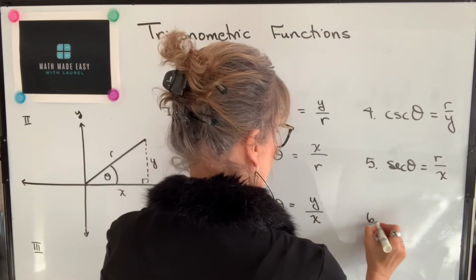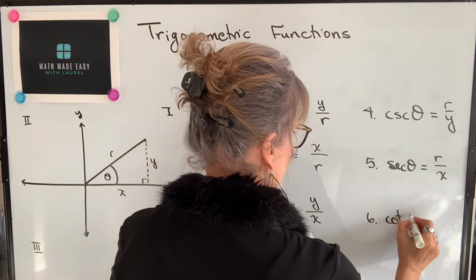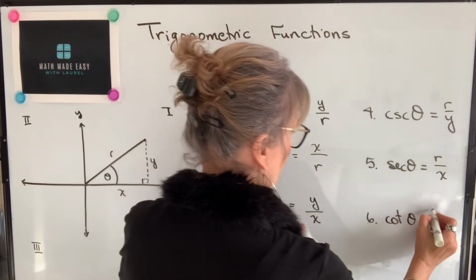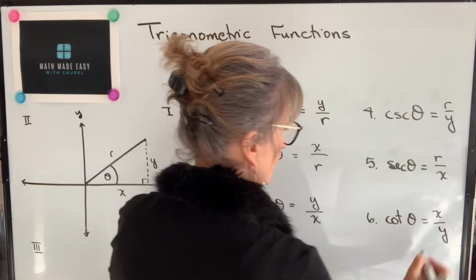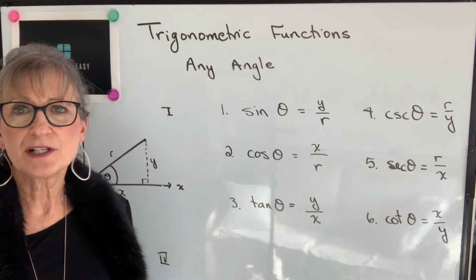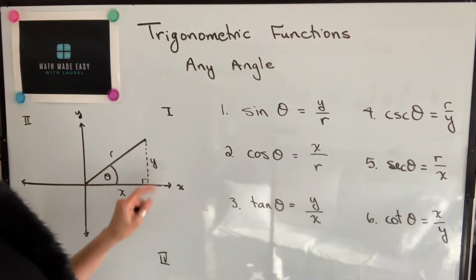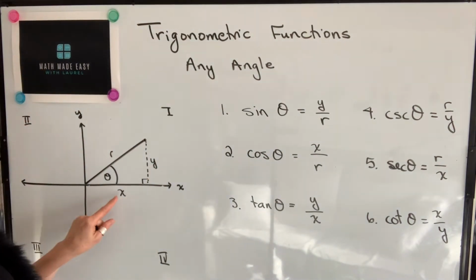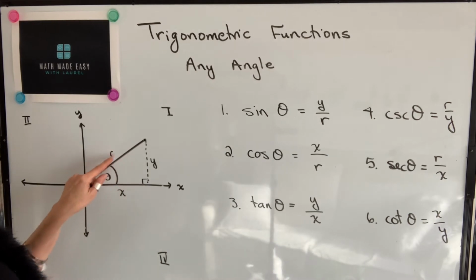And cotangent is the reciprocal of tangent, so it would be x over y. We're still using our definitions that we did before. We're just replacing the word opposite with y, we're replacing the word adjacent with x, and we're replacing hypotenuse with r.